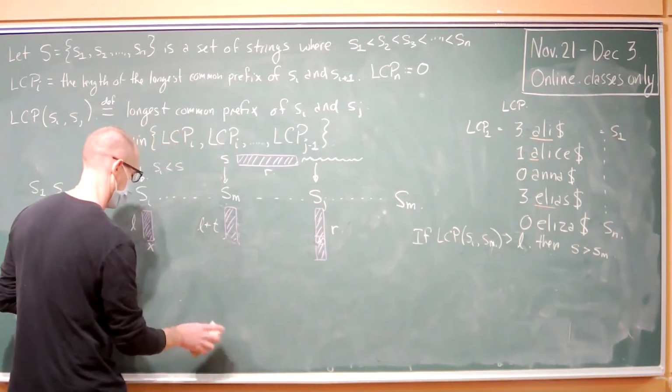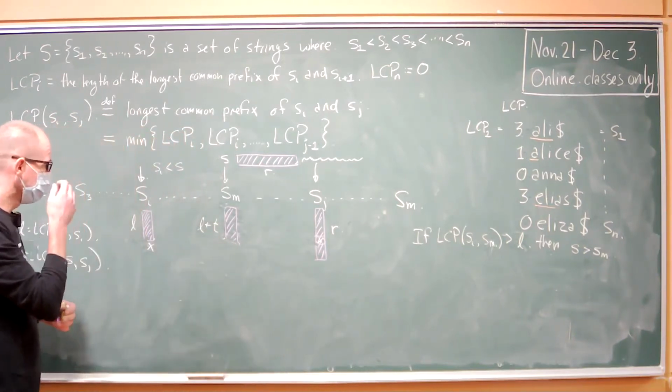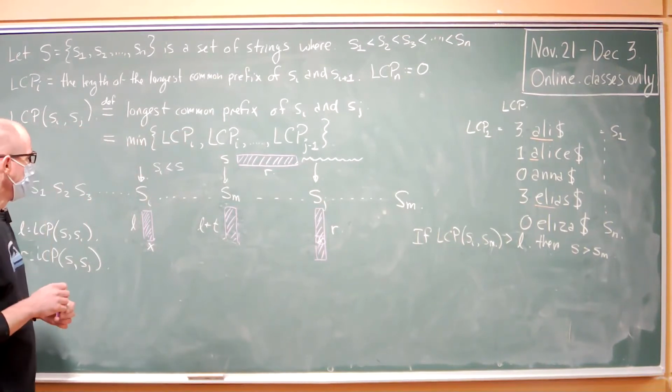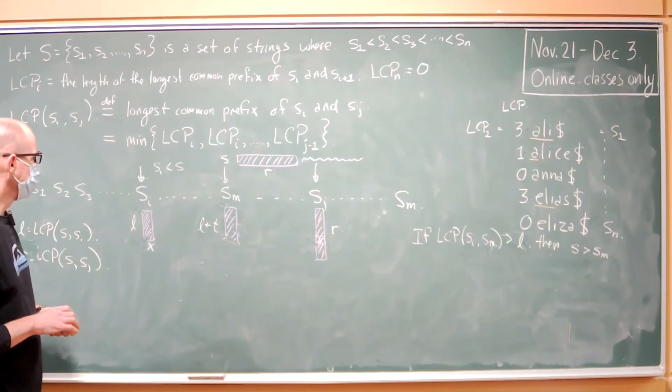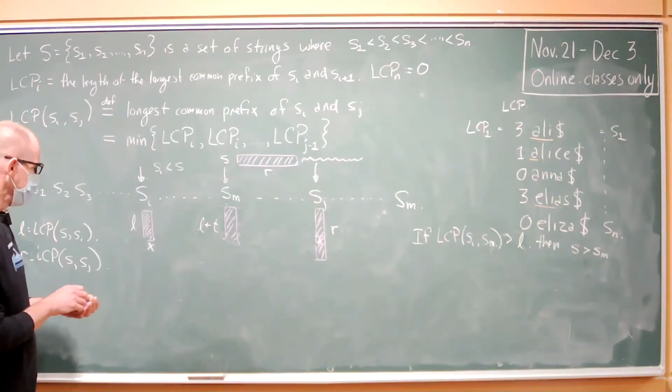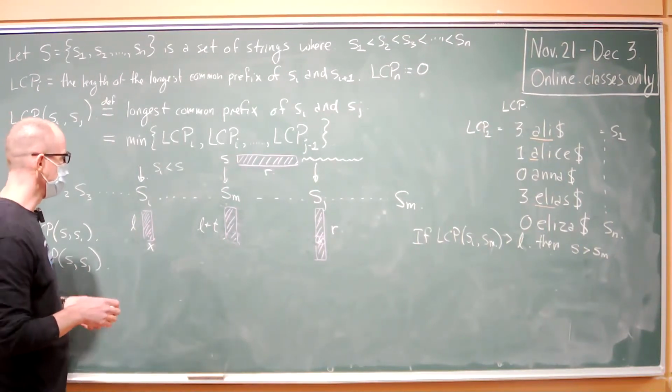All right, so that's the first case. Can we say that T is equal to R minus L? No, no. We don't know that because T could even be equal to 0, right?